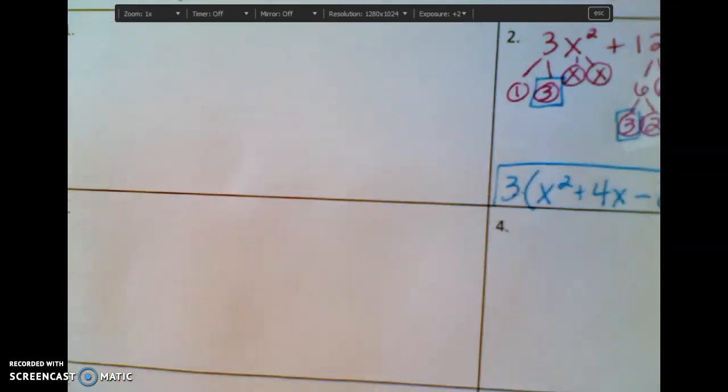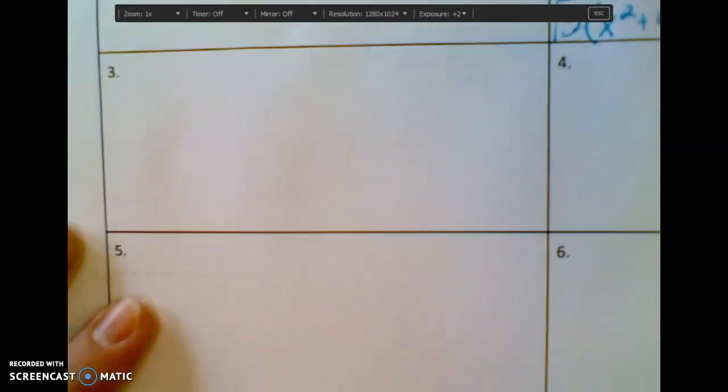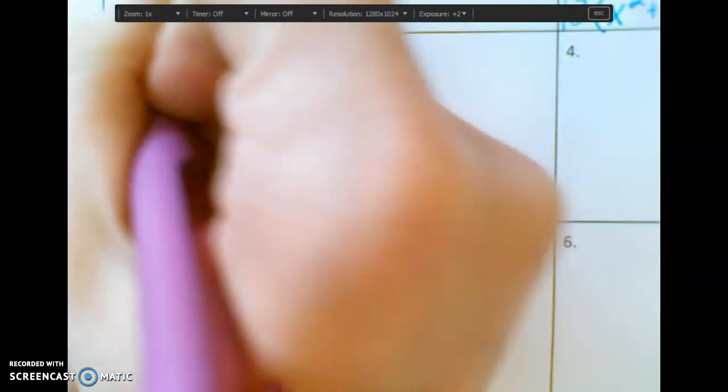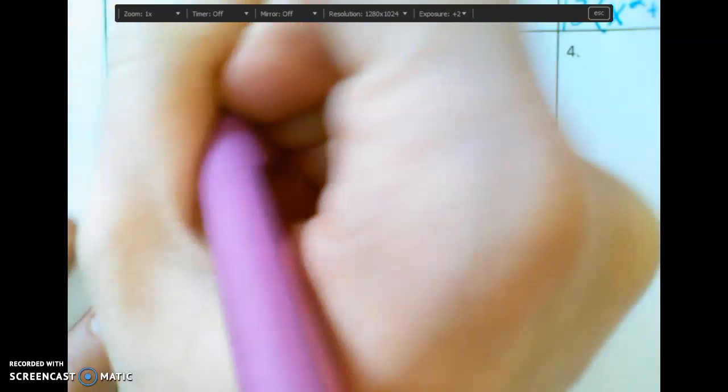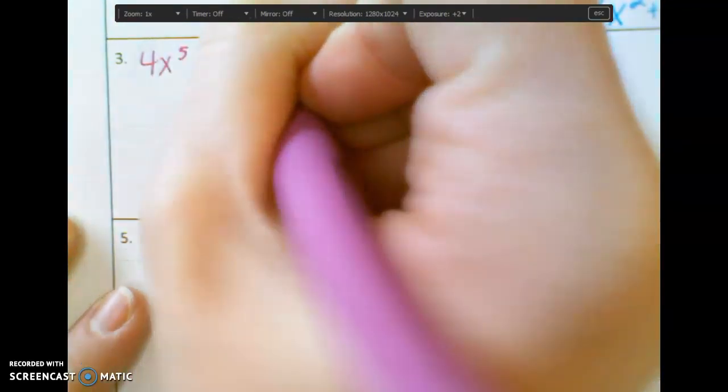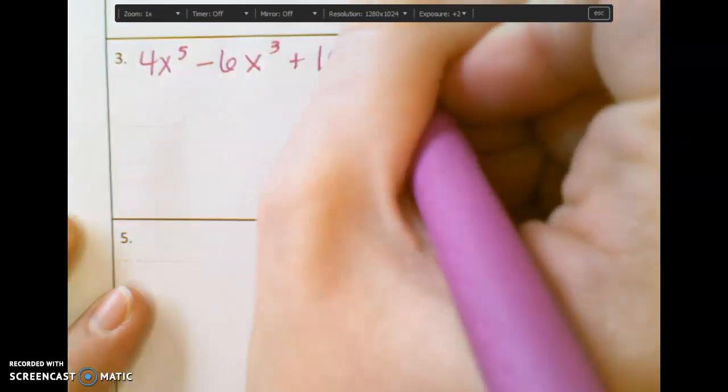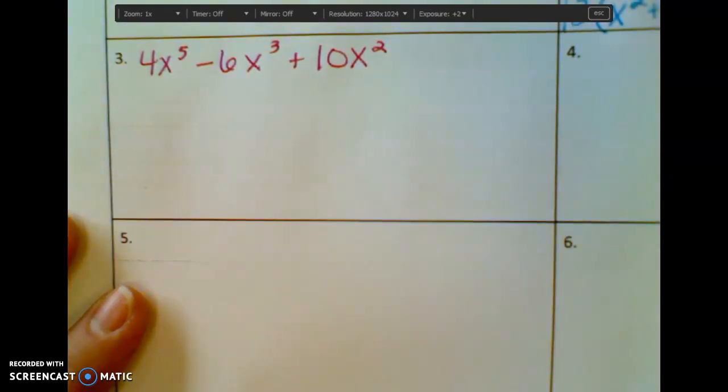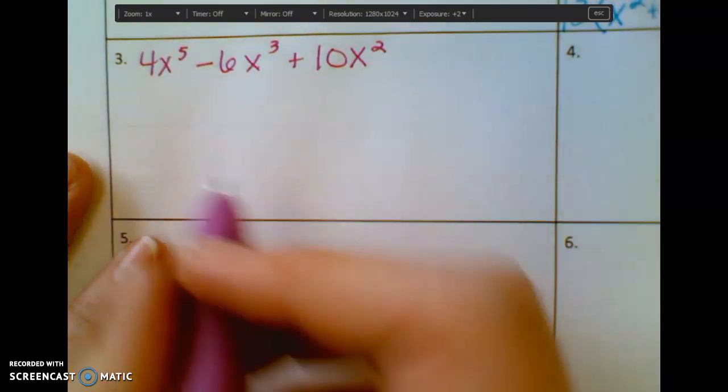I want you to try the next one. So here's our next problem. We've got 4x to the 5th minus 6x cubed plus 10x squared. Pause the video and try it, and then play the video and check your answer. All right, now that you've tried it, 4 goes to 2 and 2.